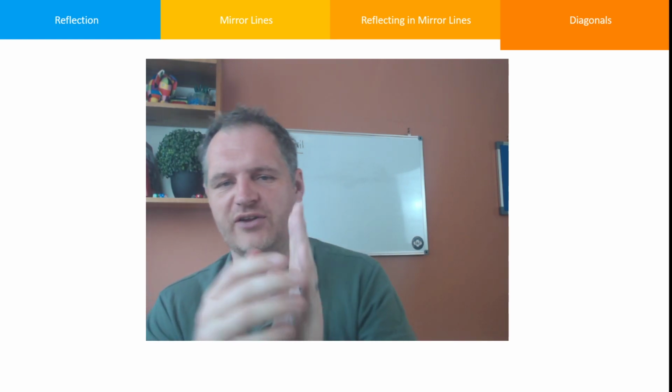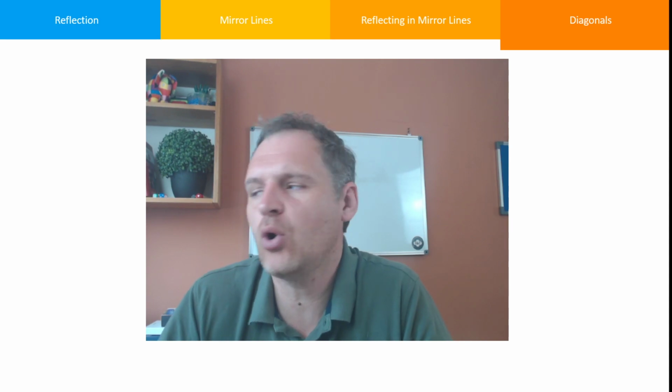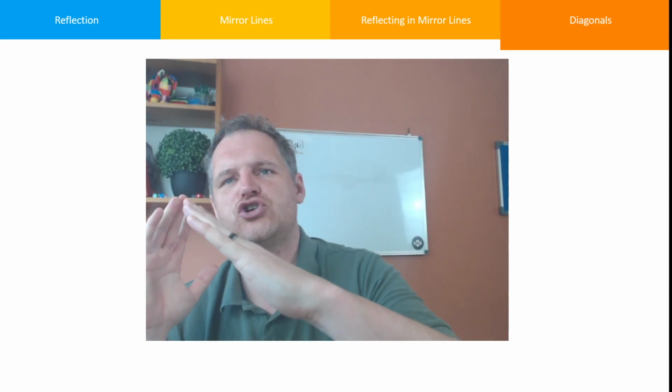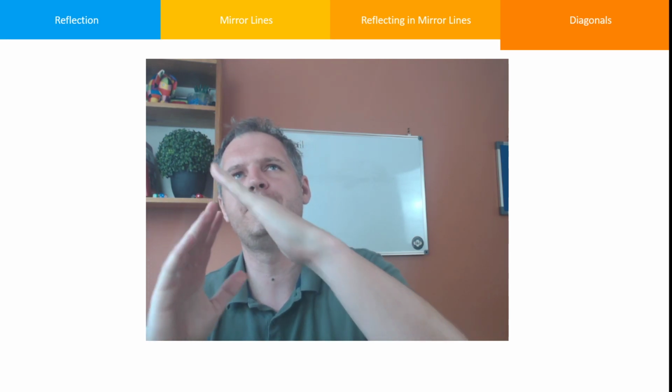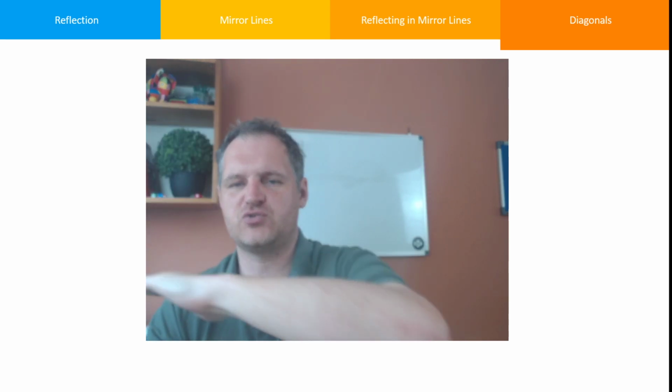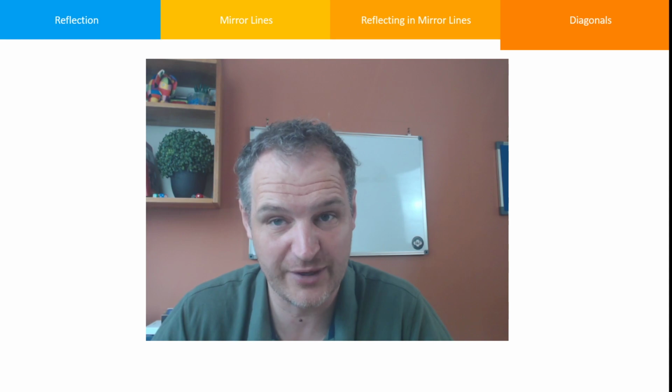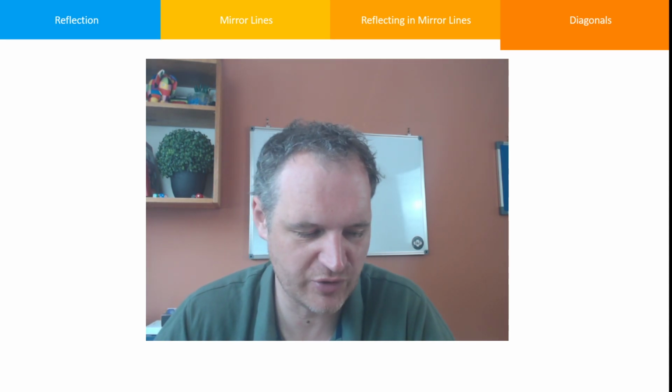It causes like a 90-degree rotation. So it's important that you understand that the shape should not be just another one down there. It's got to have turned as well because of the nature of reflecting in a diagonal line. So just practice those ones as well.